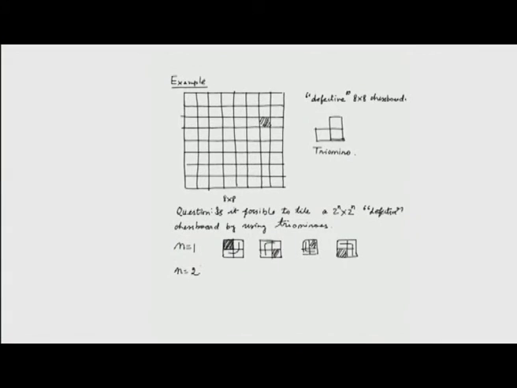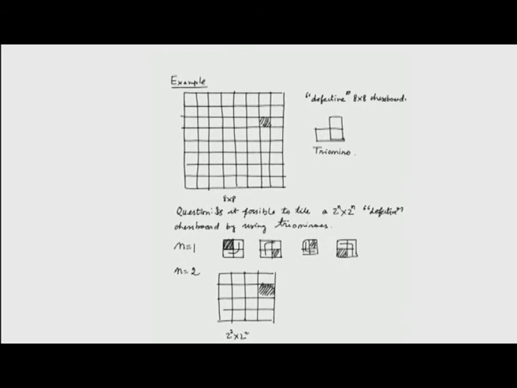Now, the question is, what about a 4 by 4 defective chessboard, so n equal to 2. So, I have got a 4 by 4 chessboard, which is a 2 squared by 2 squared chessboard, and let us suppose that I put a defect over here.